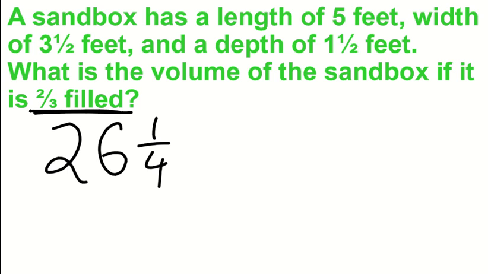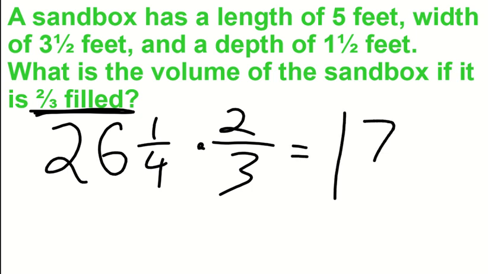Since it's 2/3 filled, you just take the volume there and you multiply by 2/3. You could do 5 times 3.5 times 1.5 times 2/3. Multiply all that together. And then you get, like he said, 17.5. Any questions on that one? If you have something that's filled by a fractional amount, you just multiply by the fraction.